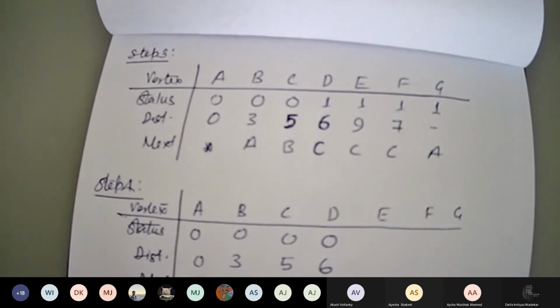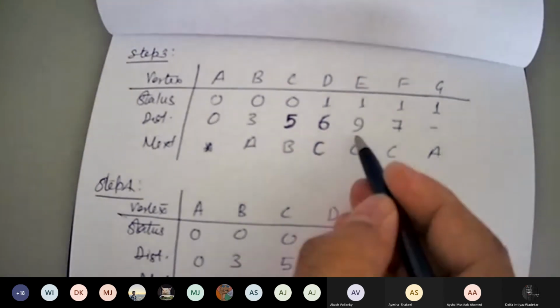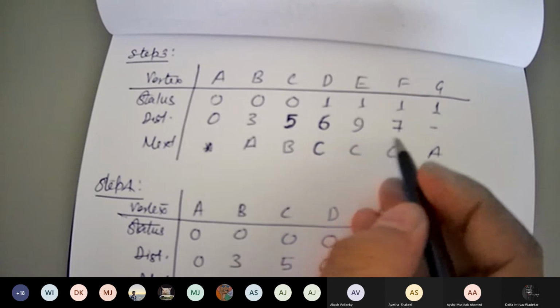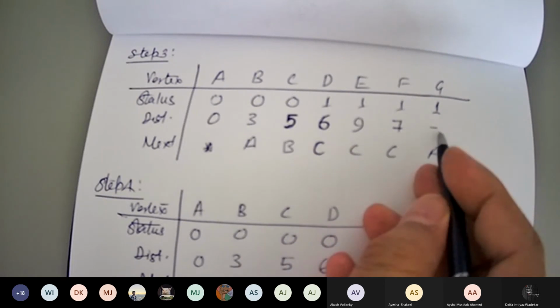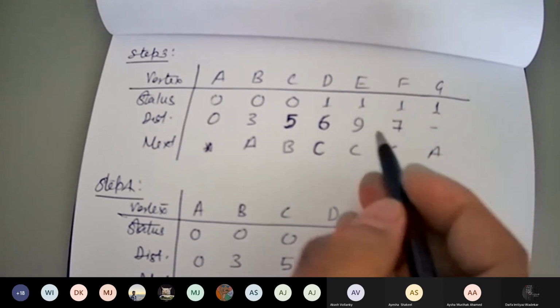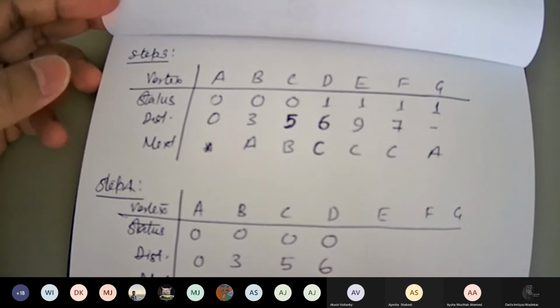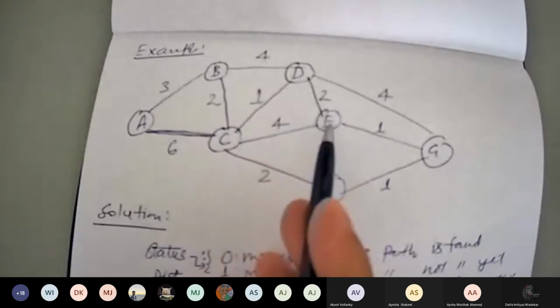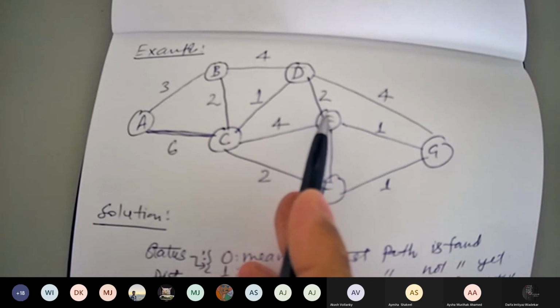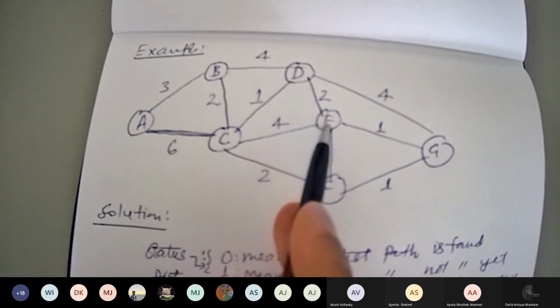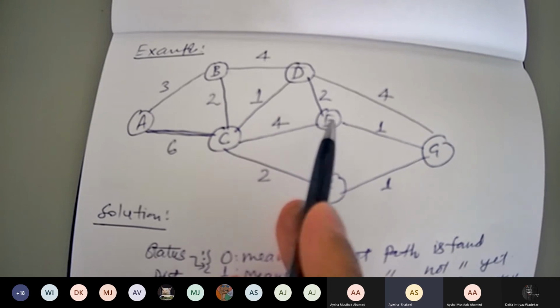So what was E till now? 9. And G is nothing till now. But till now D is 6, and from D to E, how much distance are you taking? 2.